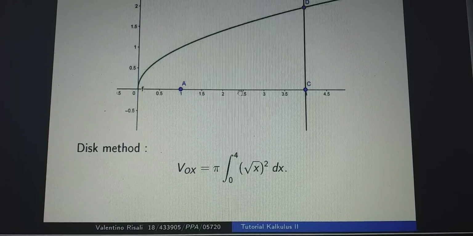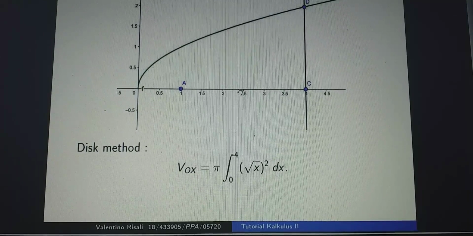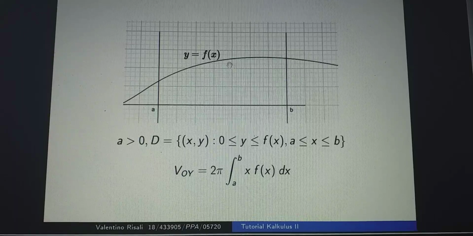Okay, this is the example of a question with this method.